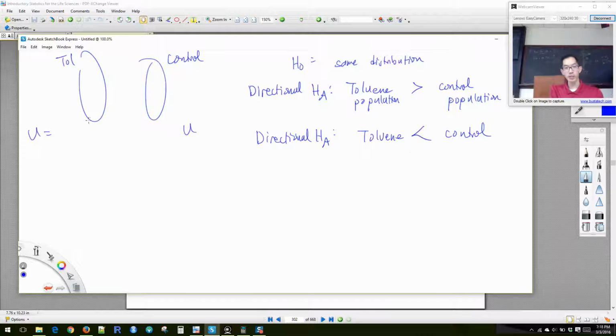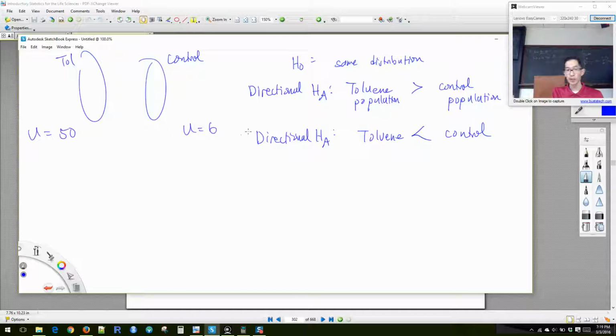So let's say your U statistic over here ends up, I don't know, let's say 50 and 6 or something like this. I'm making these up. So what we have at this point is that if we had a directional alternative, our data, the number associated with toluene, is indeed greater than the number associated with the control.